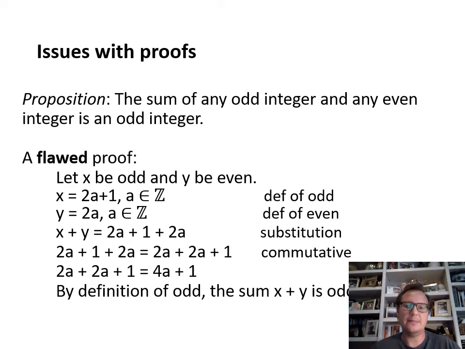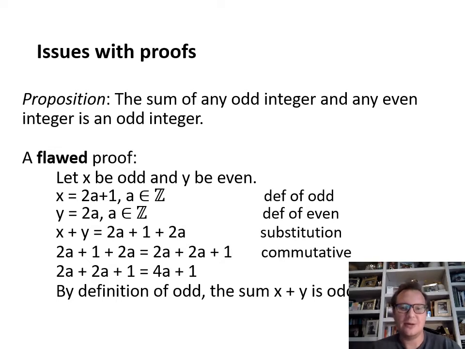Okay, so now after we did these two proofs, let's look at some common issues that people encounter when they're doing proofs. So let's see how we will prove this proposition. The sum of any odd integer and any even integer is an odd integer. And here is one way that we could go about proving this.